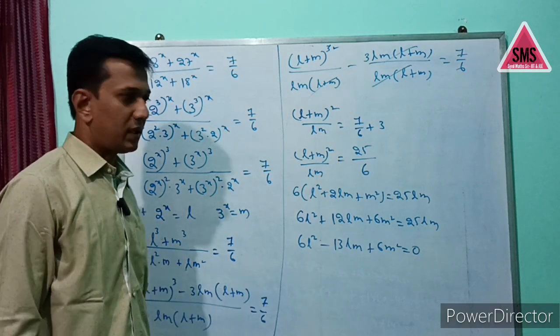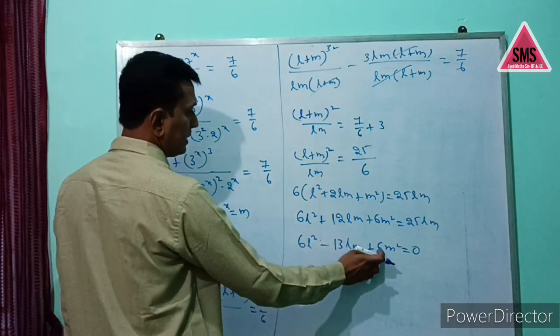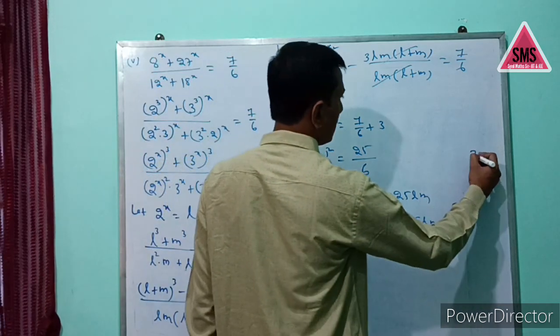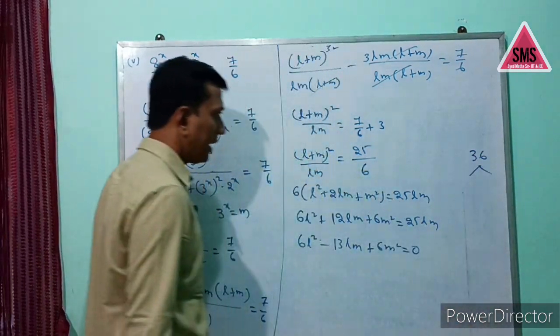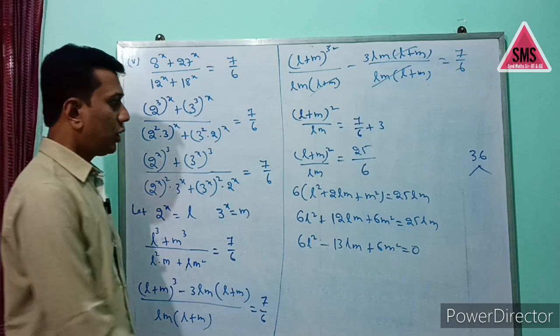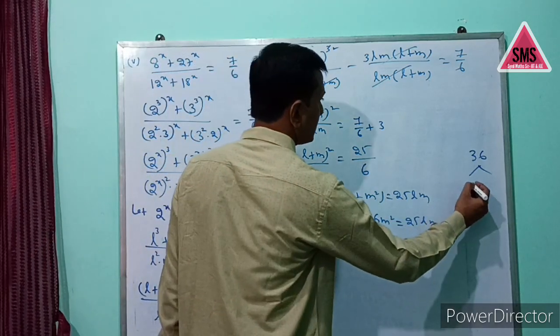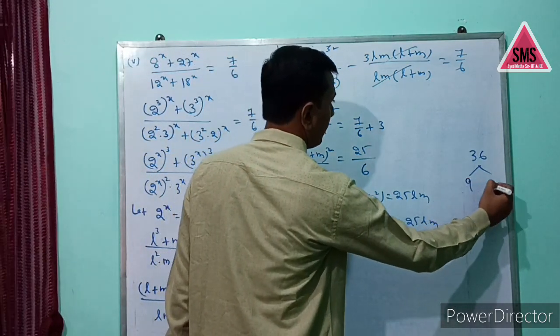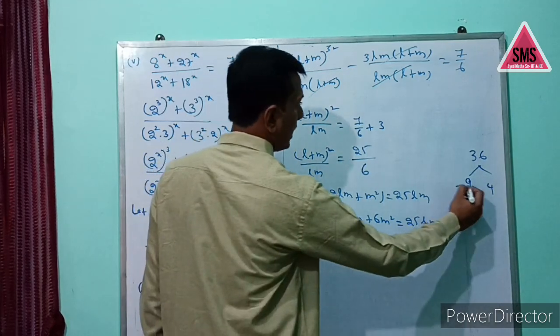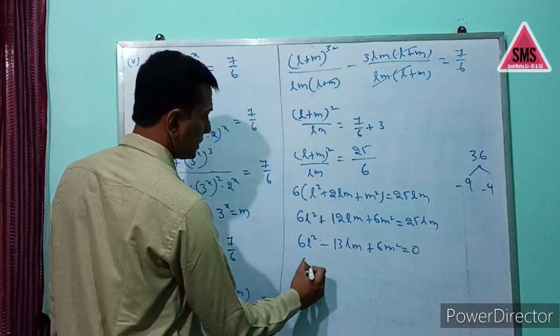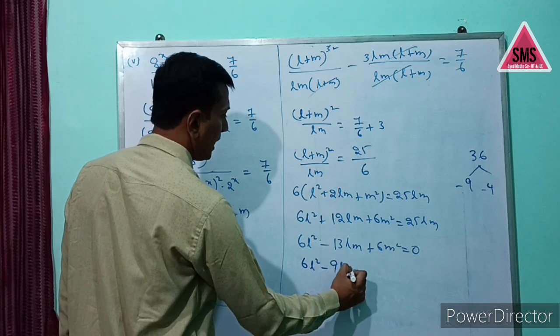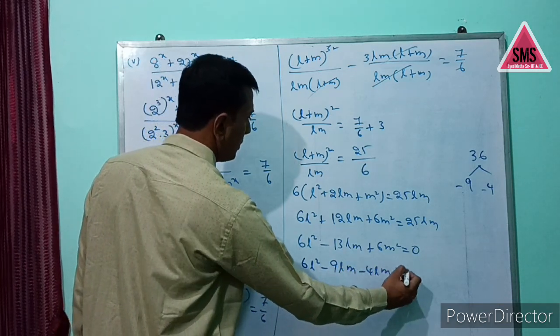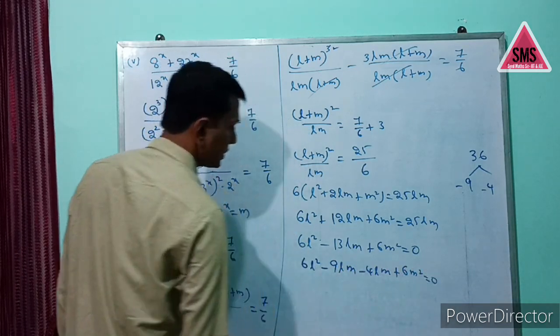So simplify this one. What are the factors? 6 into 6 is 36. Now factors of 36 such that we get minus 13: 9 and 4 make 36, so minus 9 and minus 4. So 6L square minus 9LM minus 4LM plus 6M square equals 0.